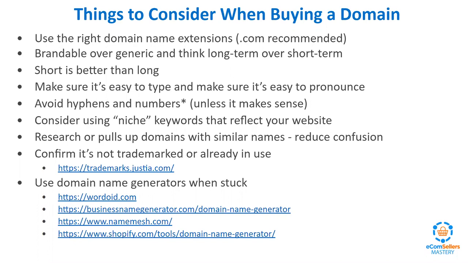He used the domain name generator to come up with his brand name. These tools can be used to help you put in what your product is and any keyword that's associated with it. The domain name generator will come up with a name and try to find the shortest one. If your product is a really long name, it may take you a long time. So if you're still drawing a blank, you can use these links and that may help you come up with a domain name and also a brand name.